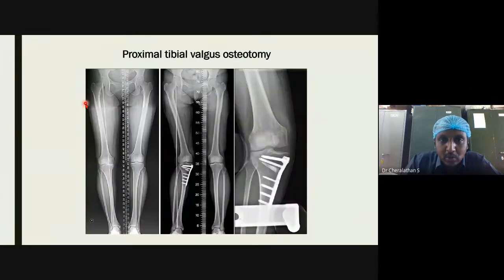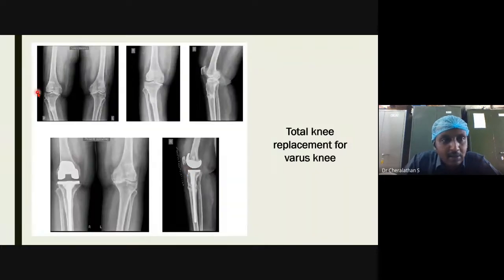And these two are for individuals who don't have arthritis, where the joint is actually not damaged, therefore they have addressed the extraarticular deformity. And here the joint is already destroyed. There is no residual cartilage left, and here you straight away go and do a knee replacement. Is it clear? Does anybody want me to repeat the treatment options?